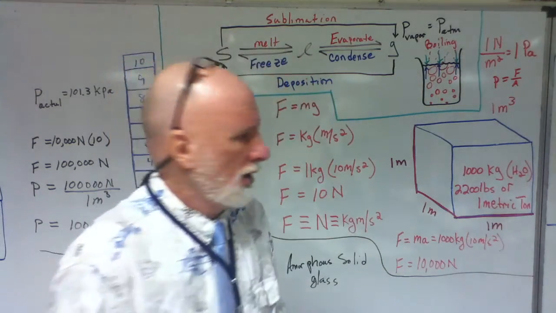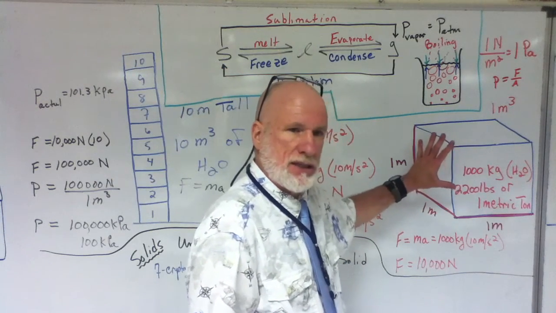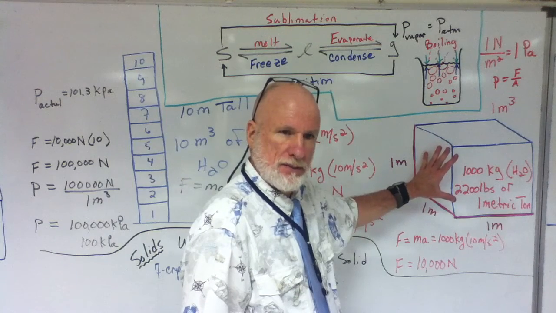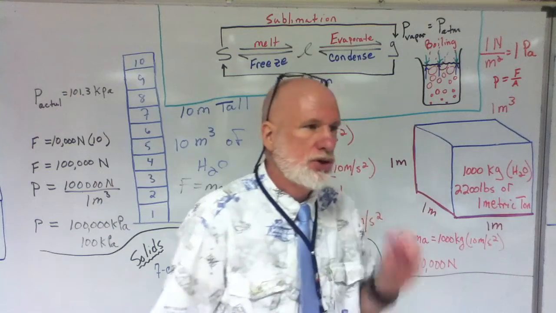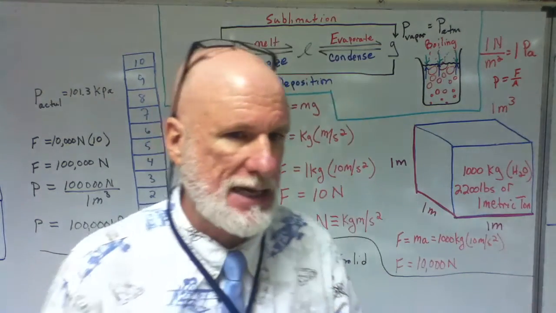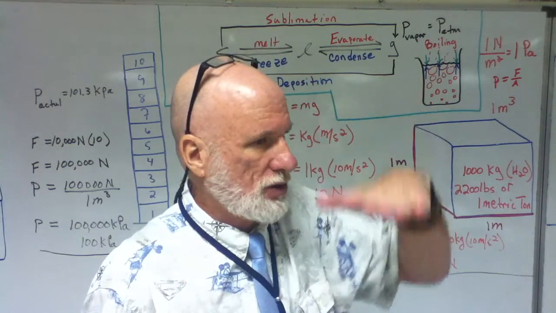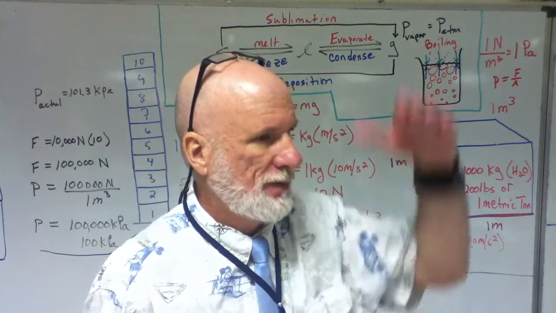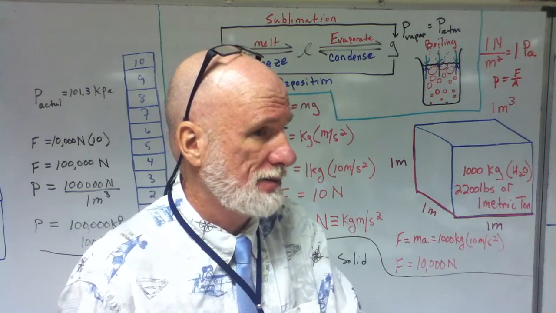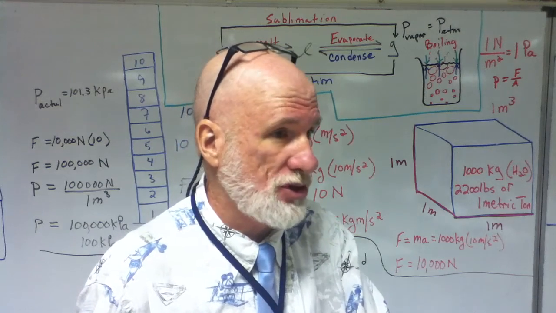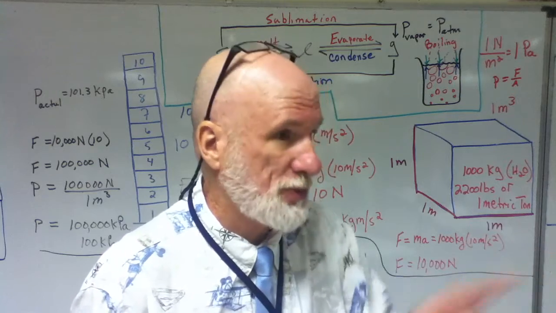Now, this is 1,000 kilograms, correct? That's 1 box, 1 cubic meter of water. Now, you know what force is. Force is mass times acceleration. If it's a weight, it's a vertical force, so it's mass times the acceleration due to gravity. What's the acceleration due to gravity rounded to the ones place? 10 meters per second squared.